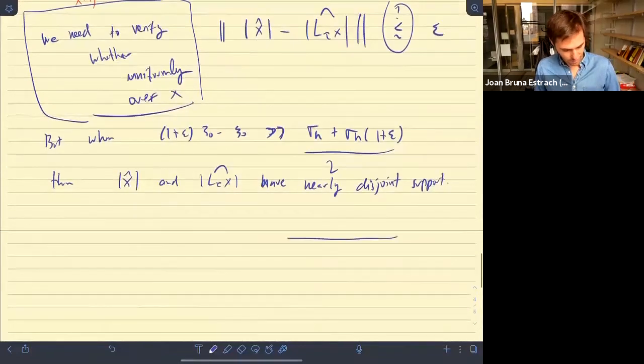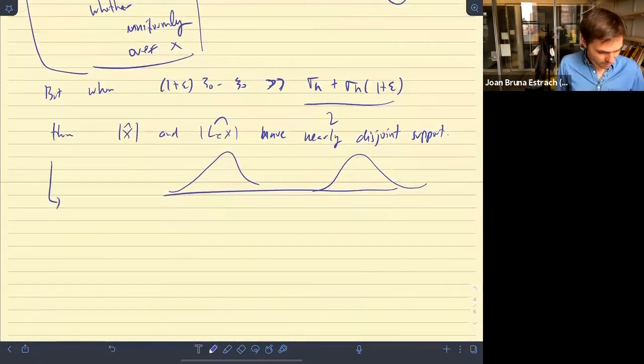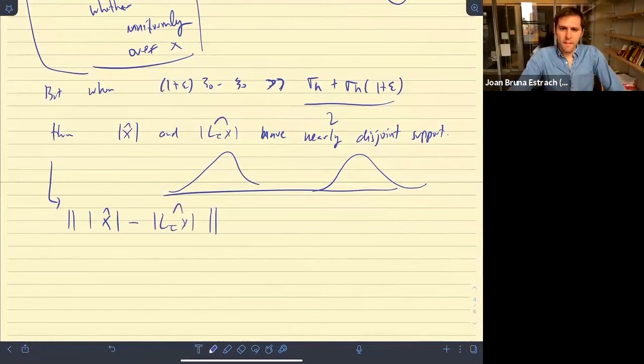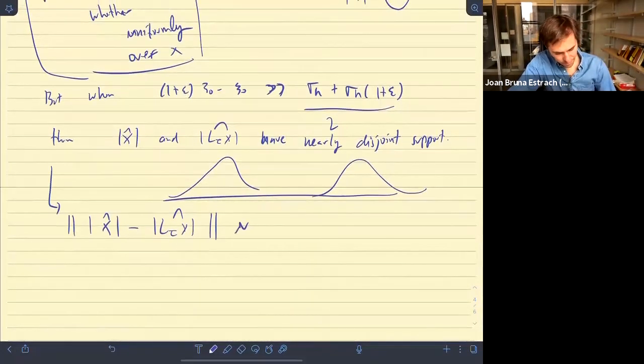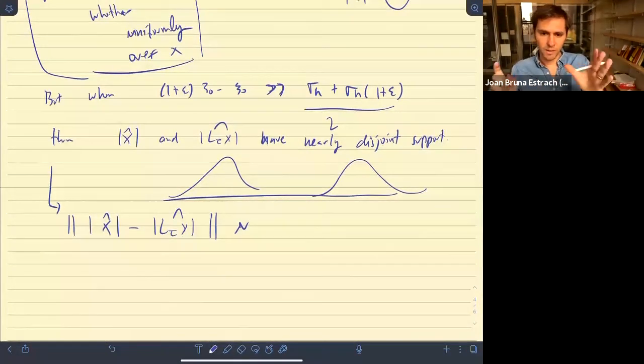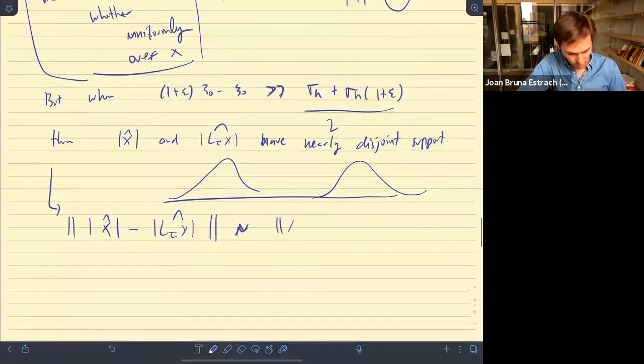Like the two windows. We had in this picture one window here and one window here, but these are completely disjoint, which means that the difference between the two is of the order of the sum of the two. So you are basically looking at the Euclidean distance between two vectors that are orthogonal, which means that this is basically of the order of the sum, or like the one of the two, right?